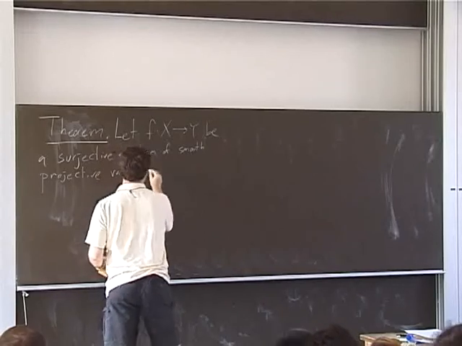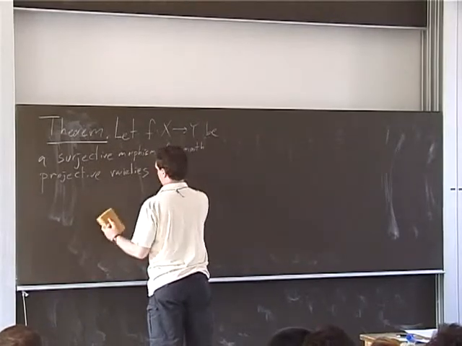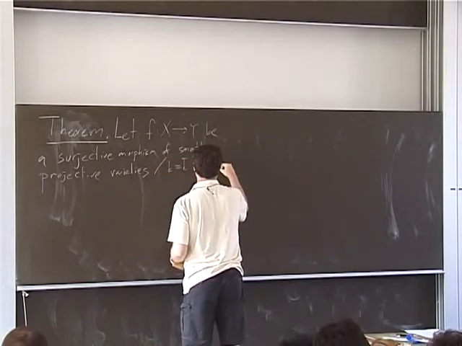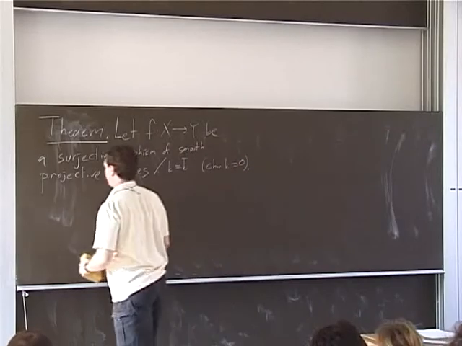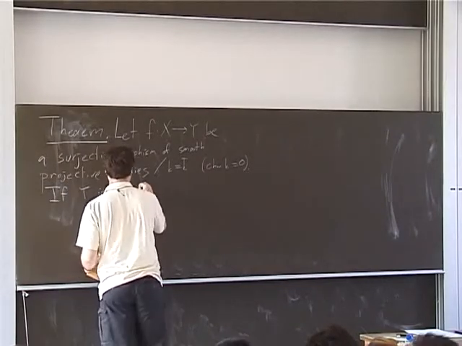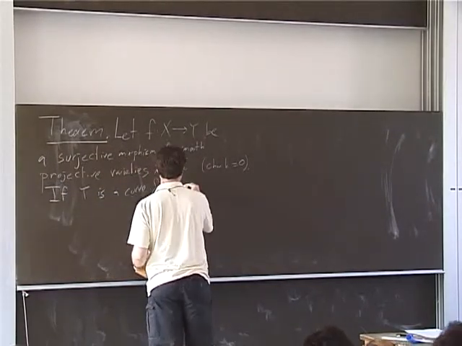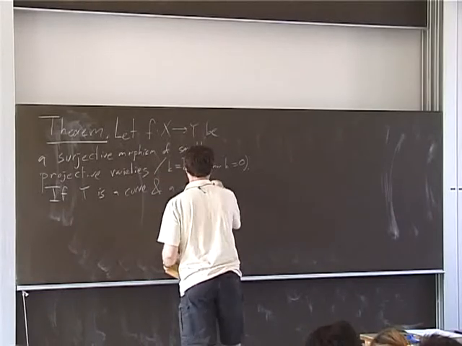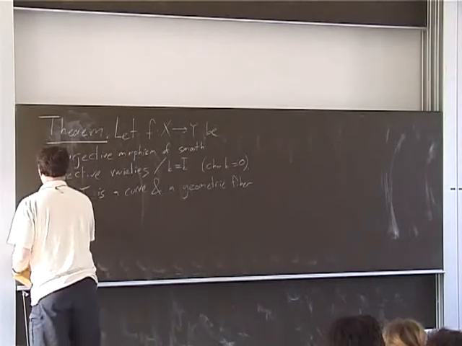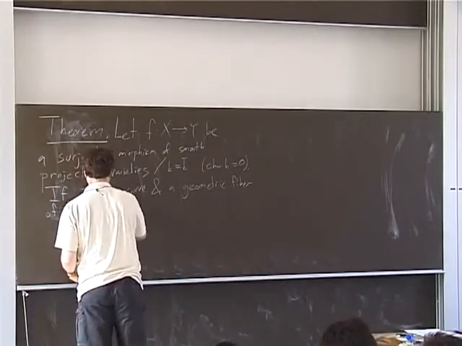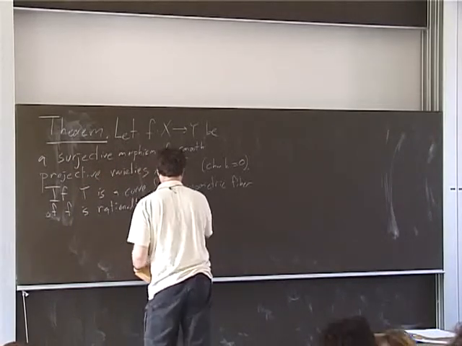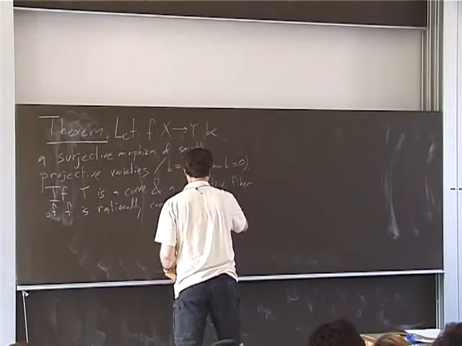Important. There is a version that works in positive characteristic as well, but that's the one I'm proving over k equals k bar. And then if Y is a curve and a general fiber, i.e. the geometric generic fiber of f, is rationally connected, then there exists a section.